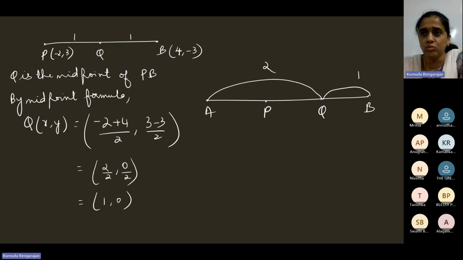So you can again use the coordinates of A and B and the ratio 2:1 to find the coordinates of Q. Correct?